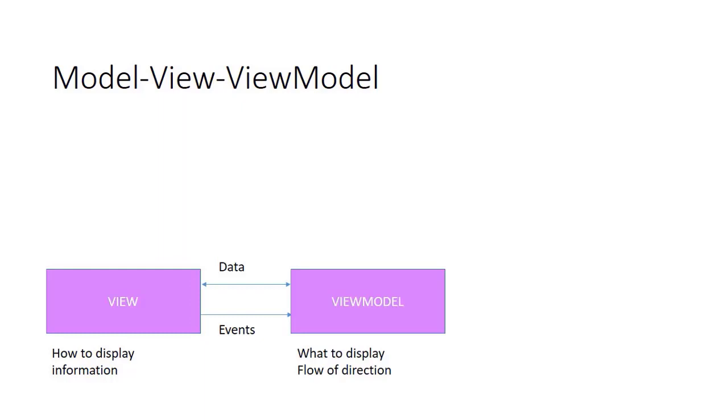Then we have the view model, and we will see how the data and events are flowing here. Your view model is the abstraction of what you want to be displayed. It handles how data is flowing to and from your view. In addition, when the view has some events such as the click of a button, it will pass that to the view model.